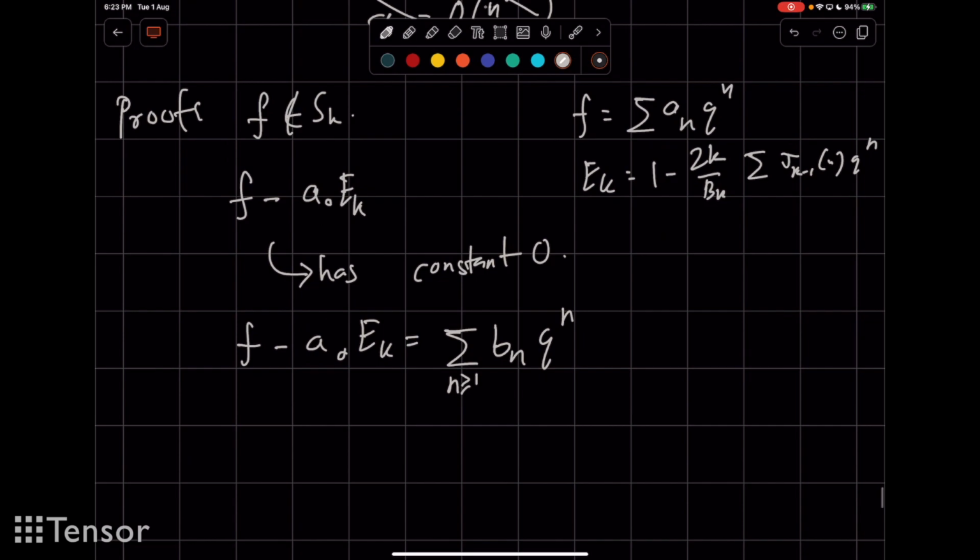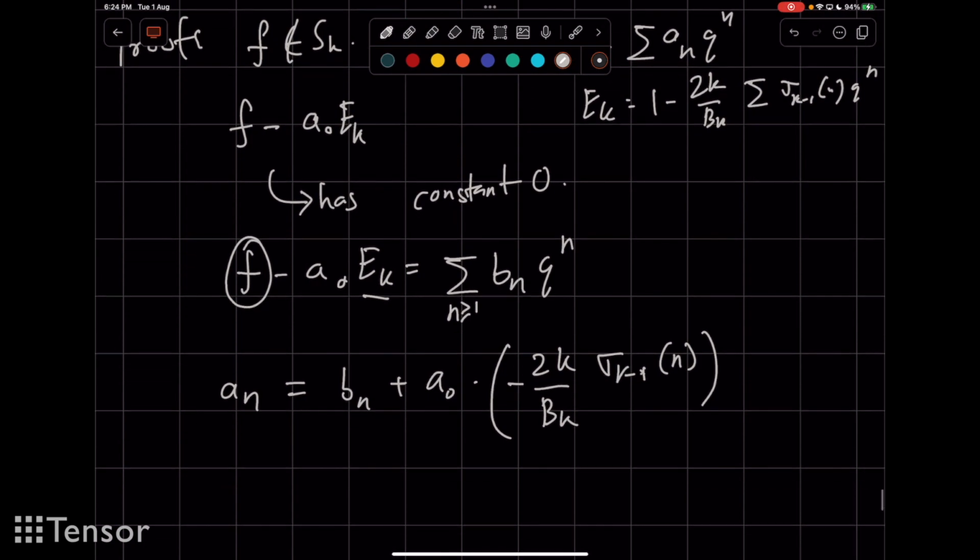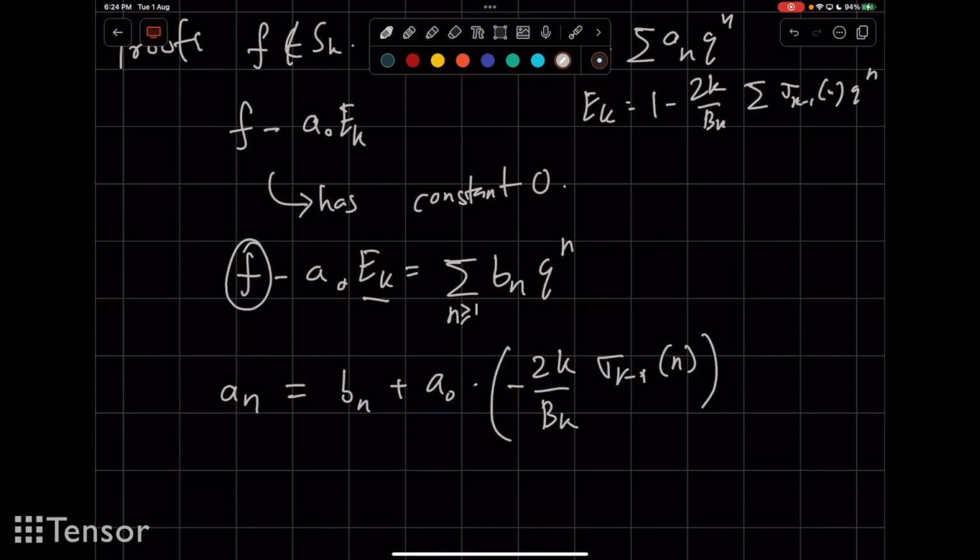Now what is the nth coefficient of f? The nth coefficient of f is exactly equal to b_n plus a_0 times the nth coefficient of E_k, right? What is the nth coefficient of E_k? It is negative 2k over B_k times sigma_{k-1}(n), right? Now we are basically done.